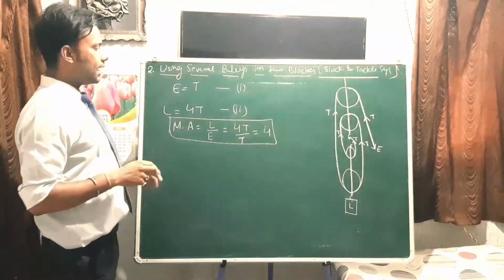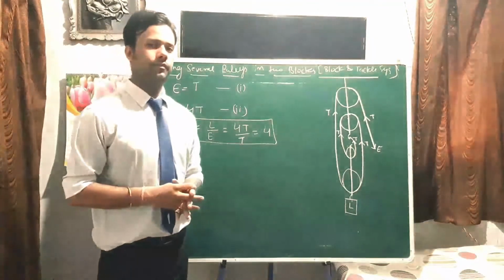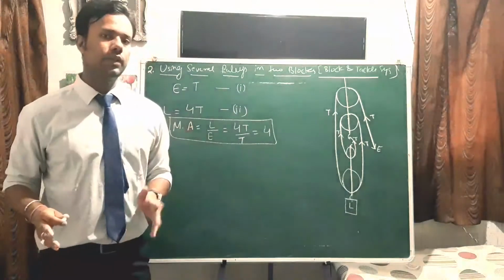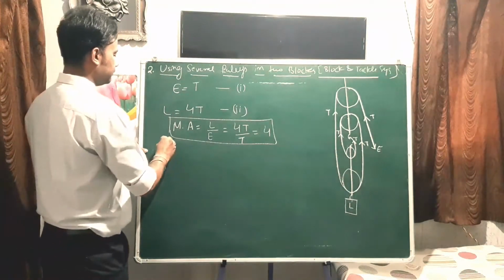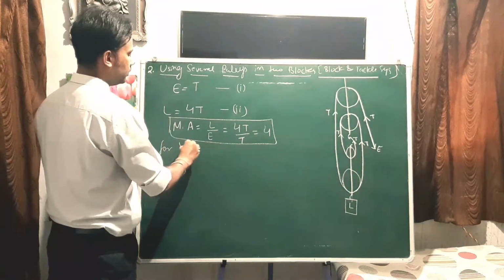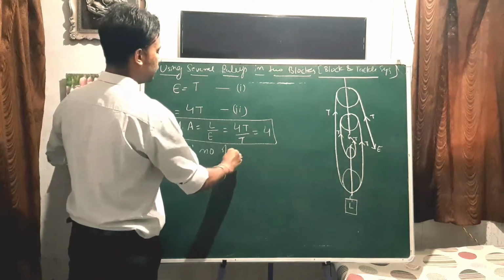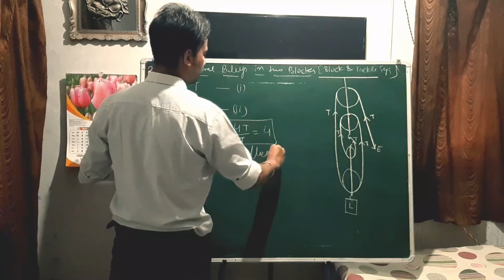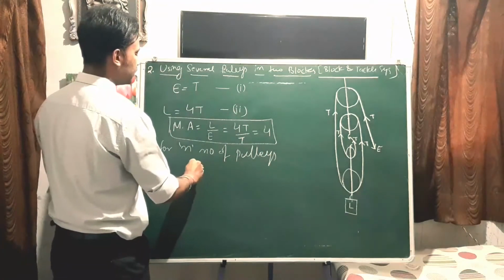Similarly, if we have n number of pulleys, here we have 4 pulleys. If we have n number of pulleys, then for n number of pulleys, what will be E?